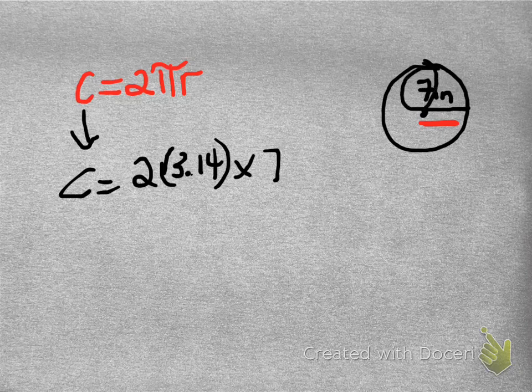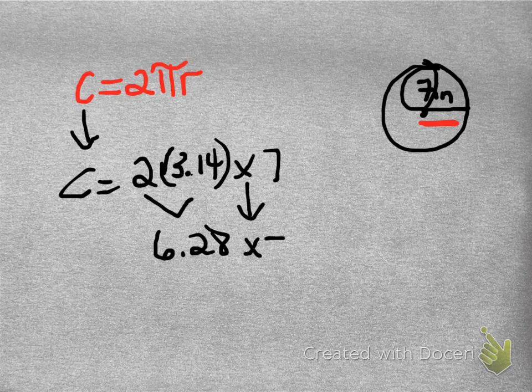Once we do that, we multiply 2 times 3.14, which is 6.28. Now we multiply that by 7.